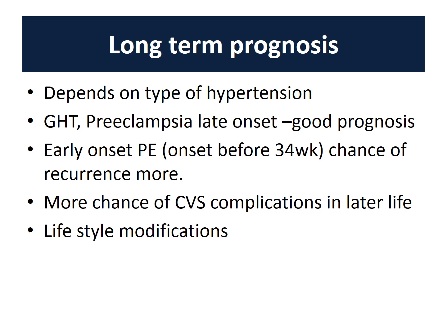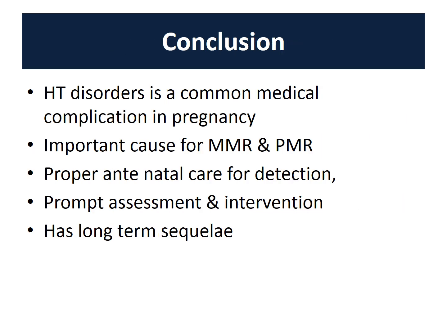And this patient has more chance of developing cardiovascular complications in later life. So they should be advised a yearly checkup to rule out any cardiovascular complication and should be advised on lifestyle modification.